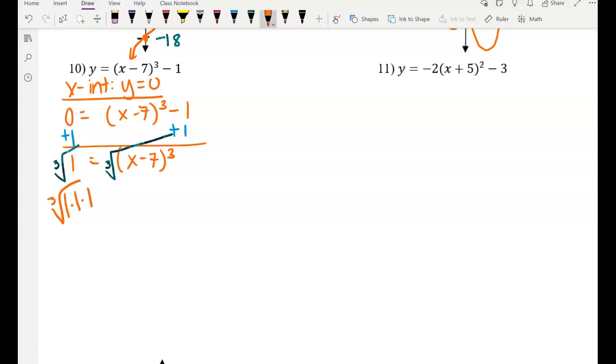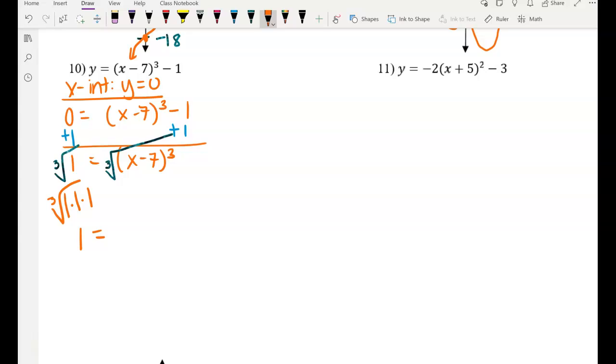So cube root of 1 is always 1. What's a cube root of negative 1? Negative 1, because it's negative 1 times negative 1 times negative 1. What's a cube root of negative 8? Negative 2. Cube root of negative 27. Yeah, so cube root, there's no imaginaries. Can you see that? Okay.